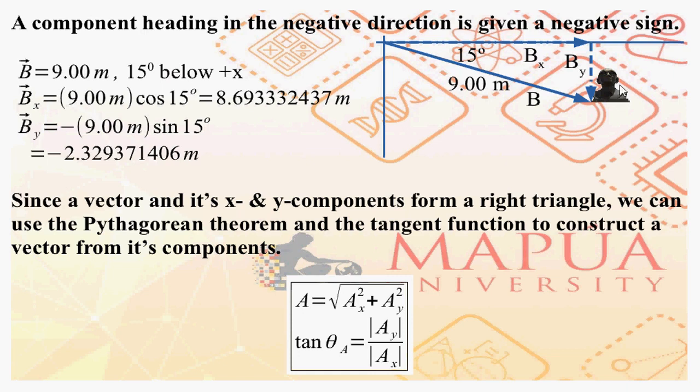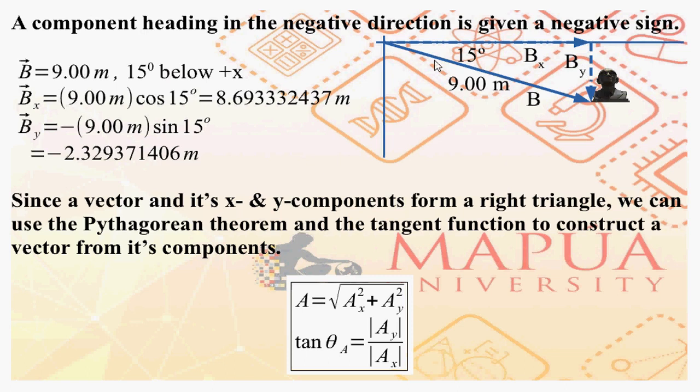So for instance, if now the location of the object is here, 9 meters, 15 degrees below positive x, applying SOHCAHTOA again, you draw vector B, then complete the triangle by drawing the horizontal side and the vertical side. You have a right triangle. The horizontal side is the x component, bx, and the vertical side is the y component, by.